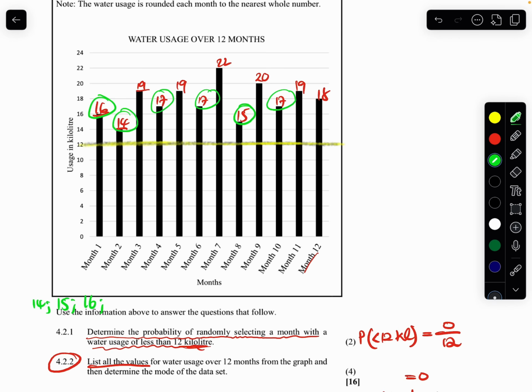There are 3 17s, right? And then after 17, it's 18. And after 18, there are 3 19s. And then 20, 22. I hope I am correct.